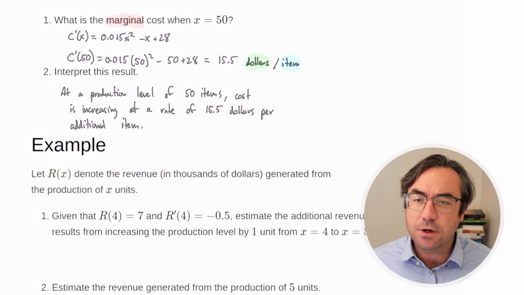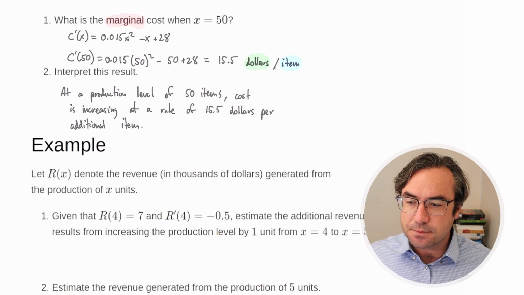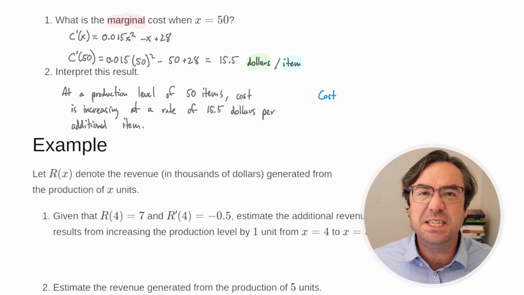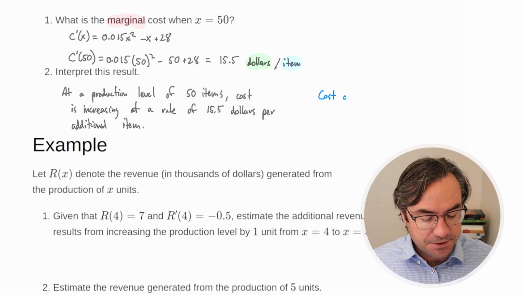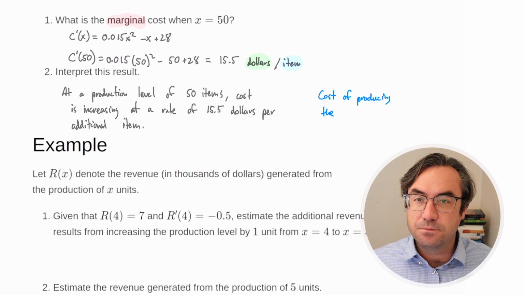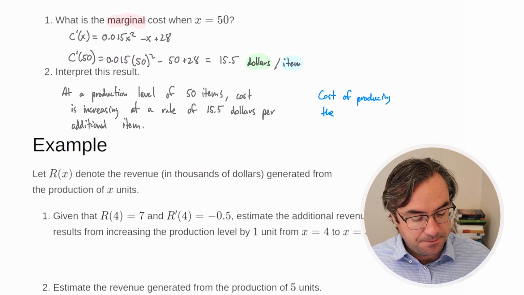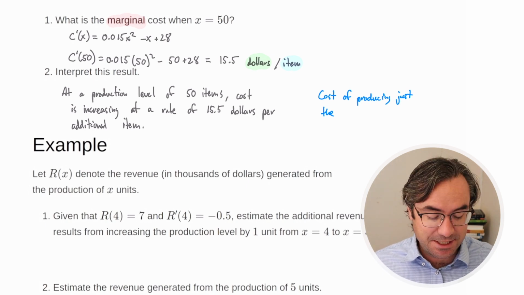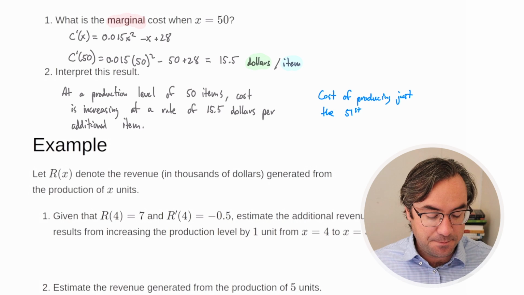So the marginal cost in this case would tell us, a different way to phrase it is, the cost of producing just the 51st item.